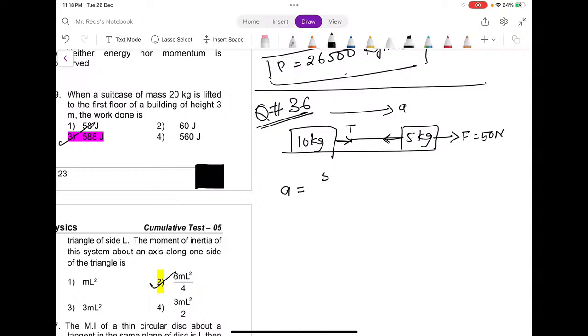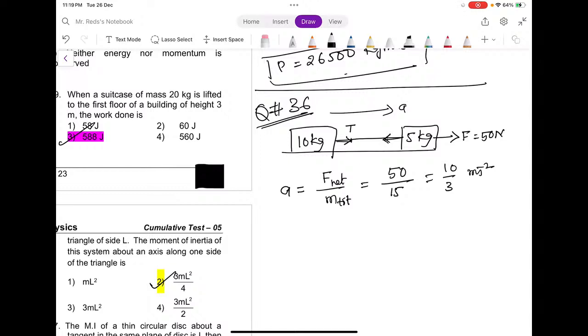Net force by total mass m. Net force is 50 Newton. Total mass is 10 plus 5, which is 15, right? So 5 tens, 5 threes, acceleration is 10 by 3 meter per second square. You can write 3.33 also.